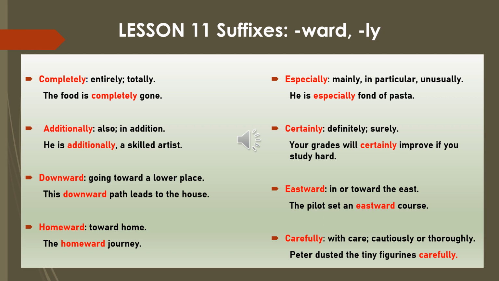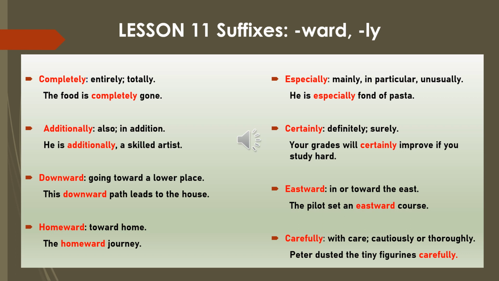Eastward, in or toward the east. The pilot set an eastward course. And the last one that we have on this page is carefully, with care, cautiously, or thoroughly. Peter does the tiny figures carefully.